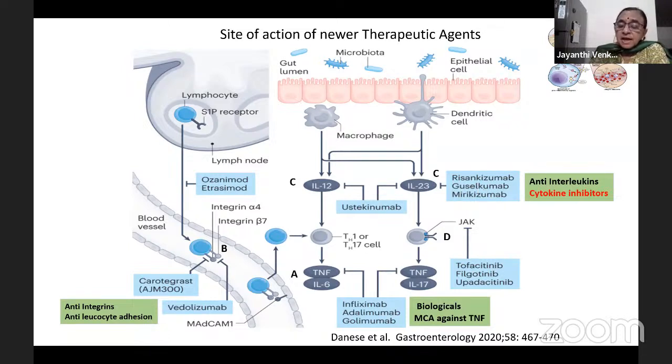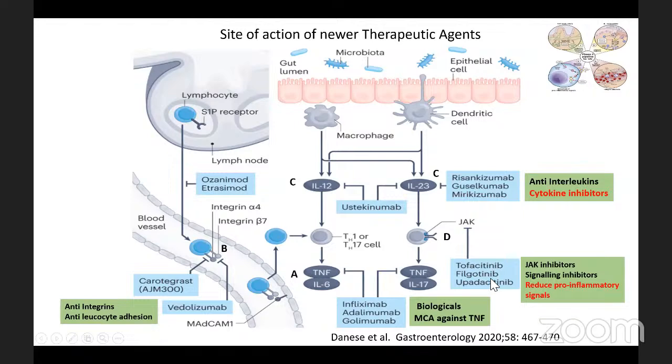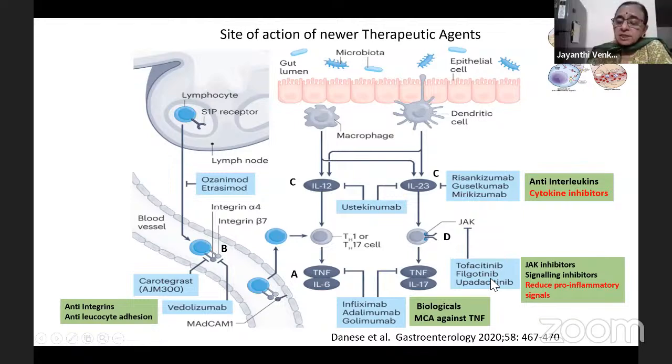And JAK kinase is a new kid on the block, where we have tofacitinib and filgotinib and upadacitinib. All these are in trial, but tofacitinib is making a major breakthrough in management of patients because it reduces almost all the pro-inflammatory cytokines and chemokines.